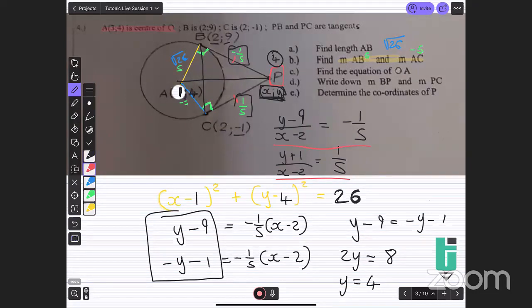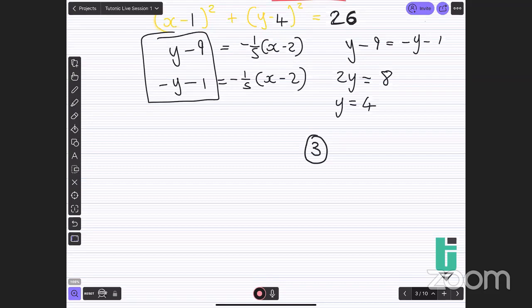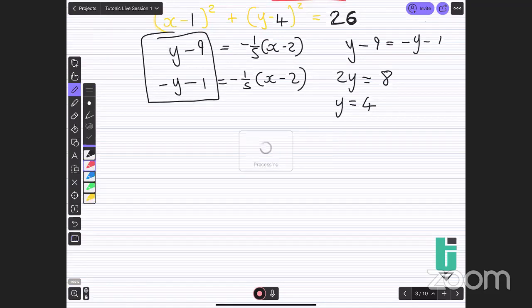So if we just move that over there, it becomes y minus 9, which is 4. So it's minus 5, because 4 minus 9 equals minus a fifth times x minus 2.